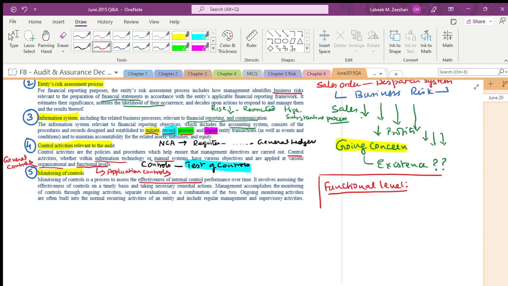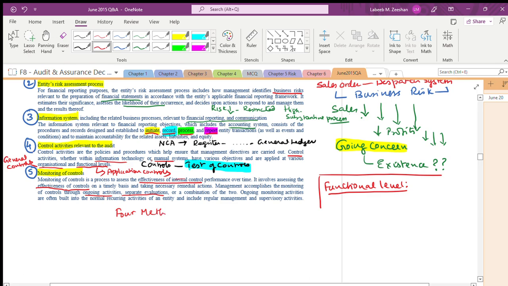It involves assessing the effectiveness of control. The moment you say effectiveness of control, test of controls on a timely basis, and definitely we will take remedial action. Management accomplishes the monitoring of control through ongoing activities, separate evaluations, test of controls.